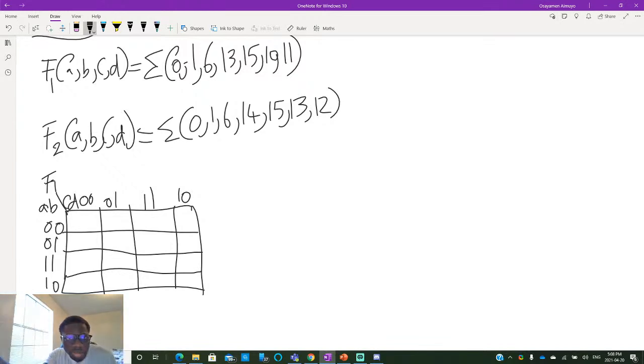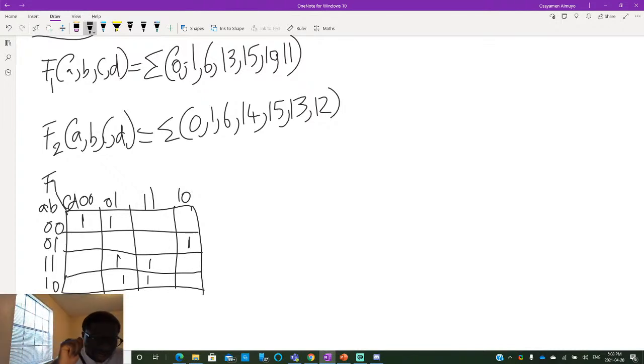So just tracing the minterms here. For F1, we have the minterms 0, 1, 6, 13, 15, 10, and 11. And then 6, which is 1, 1, 0, if I'm not mistaken, yes. And then we have these four should make up 13, 15, 10, and 11, right?